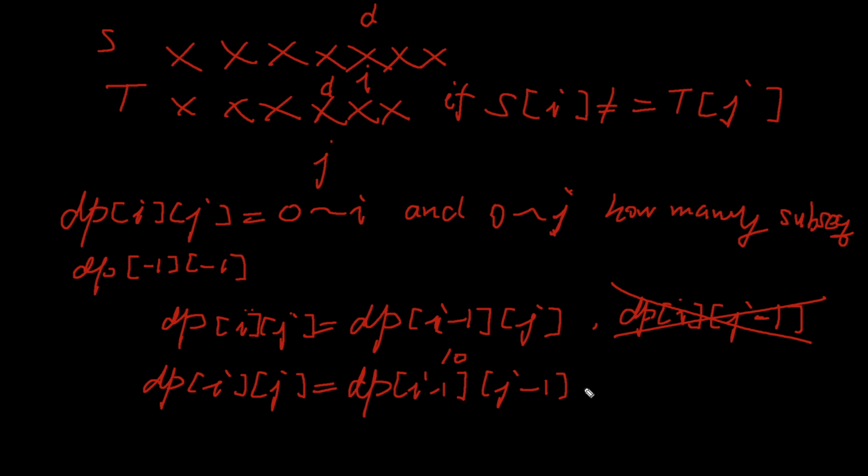The tricky part for this one is that we also need to consider dp of i minus 1, j. The reason is that even though i and j are the same, we still have the option to ignore the current i. For example, I remember we have the rabbit, so rabbit, and then we have a rabbit.